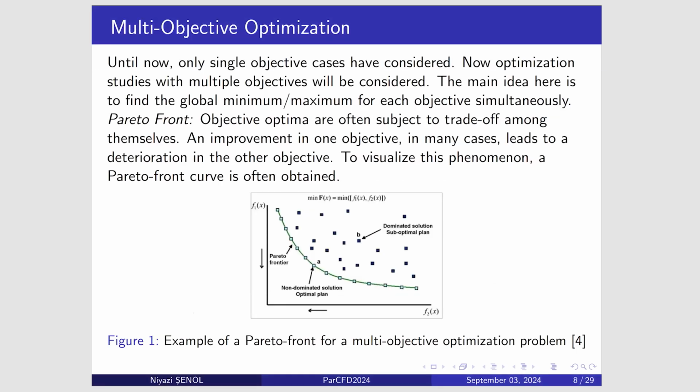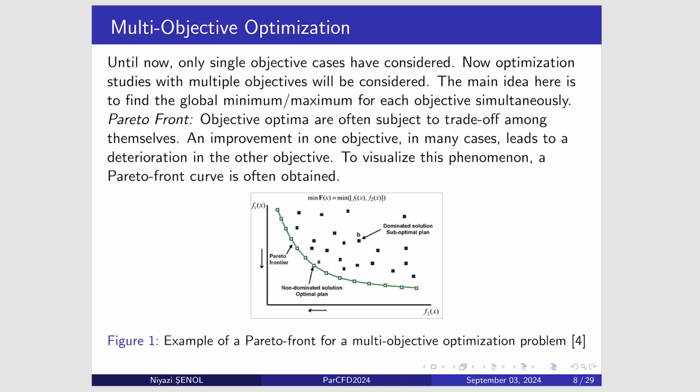In our framework, we also handle multi-objective optimization. The main idea is to find the global minimum or maximum, depending on your problem, for each objective simultaneously. You see an example of a Pareto front.